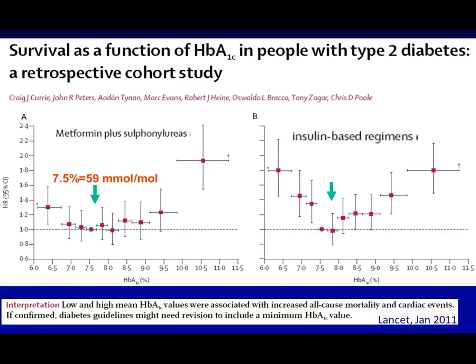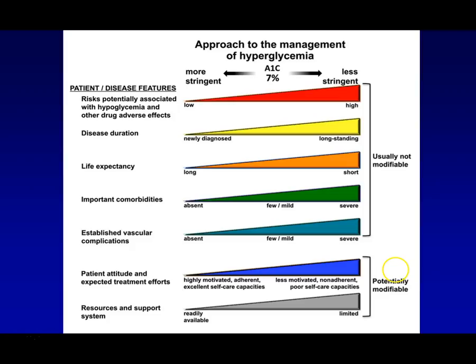The optimum lies between 7 and 7.5 in the oral diabetics and a bit higher in the insulin-based regimens. The conclusion was that both low and high mean glycosylated hemoglobin levels were associated with increased all-cause mortality and cardiac events. Thus, it was stated that diabetes guidelines may need revision to include a minimum hemoglobin A1c level.